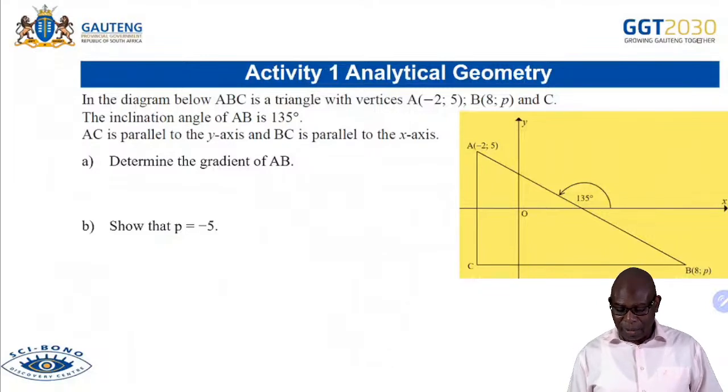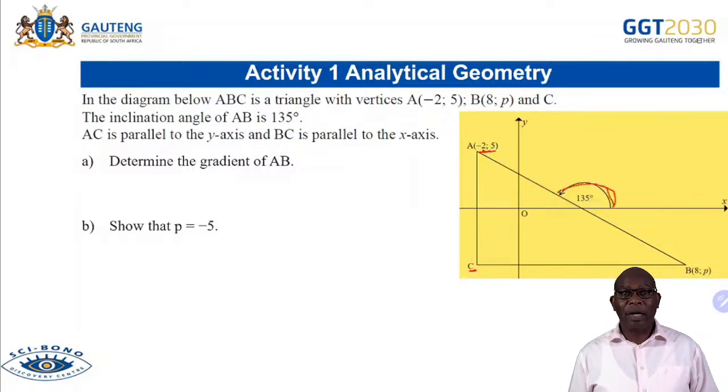It has the vertices A, given as (-2; 5), and B, it's (8; p). Make sure that what they say in the statement is also on the sketch. For C, there are no values for the coordinates. You are also given that the inclination angle is 135 degrees.